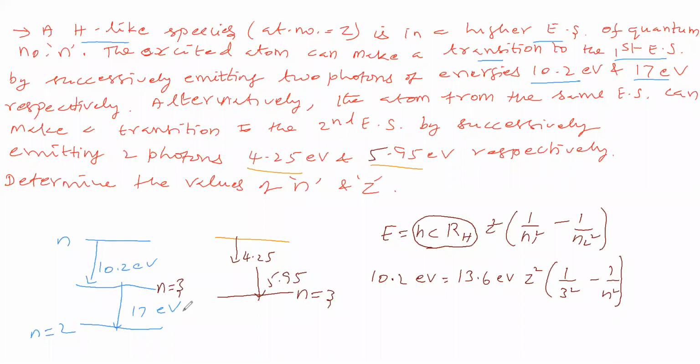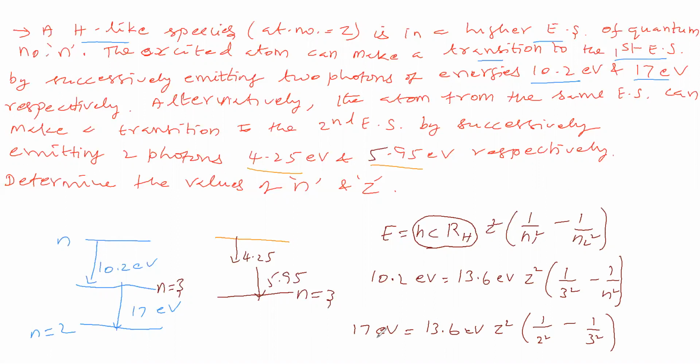Next, this 17 electron volt is equal to hc into Rh, 13.6 electron volt, then Z square into 1 by this lower level 2 square minus 1 by higher level 3 square. We got two equations.